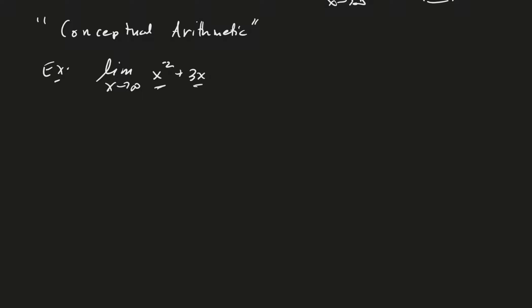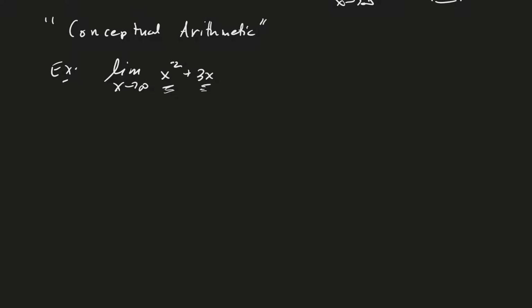So if you sum two things that are going to infinity, it seems like overall that should be going to infinity, and that is true. So you can state that infinity plus infinity is infinity. If you're adding two things going to infinity, then you can conclude that the result is infinite.